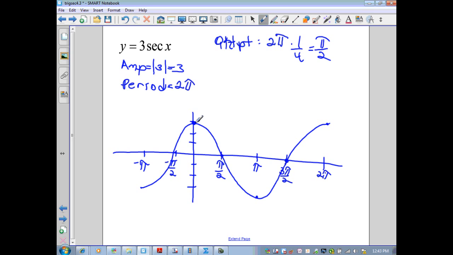So now what I want to do is to graph the reciprocal function, or the function that I have, which is y equals 3 secant x. And when I do that, what I want to do is create a vertical asymptote at the x-intercepts.